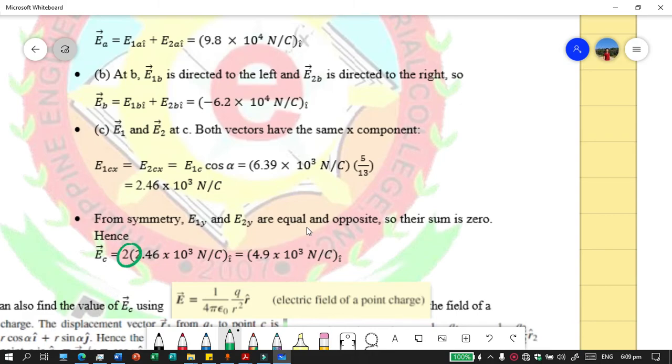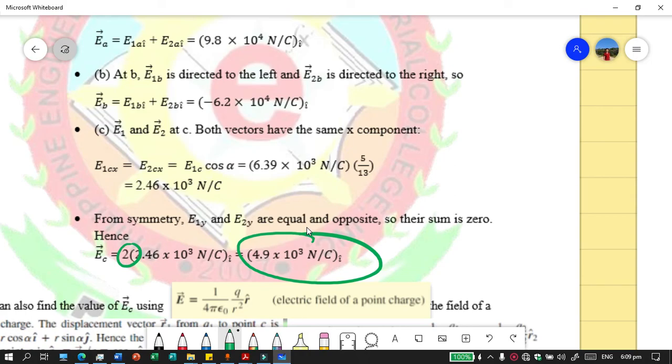Bakit kaya? I-multiply natin yan by 2. It is because of the influence of the two electric fields na meron tayo. So that gives us our final answer to be equal to 4.9 times 10 to the power of 3 Newton per coulomb. Okay? I hope it's clear.